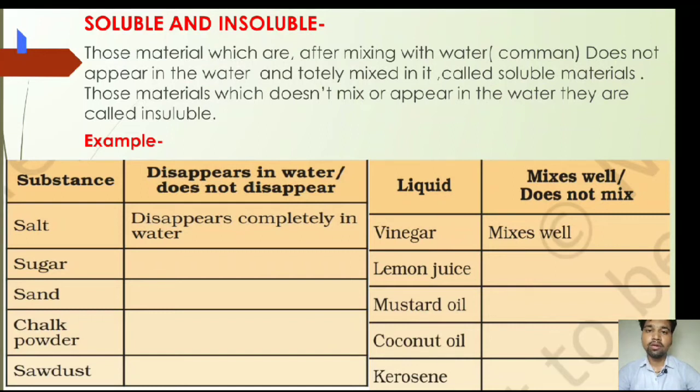Friends, we have already used lemon in our common daily life. When we make juice made of sugar and lemon, when we crush the lemon into water, what happens? The juice of lemon mixes into water easily, and we don't see the liquid of lemon.